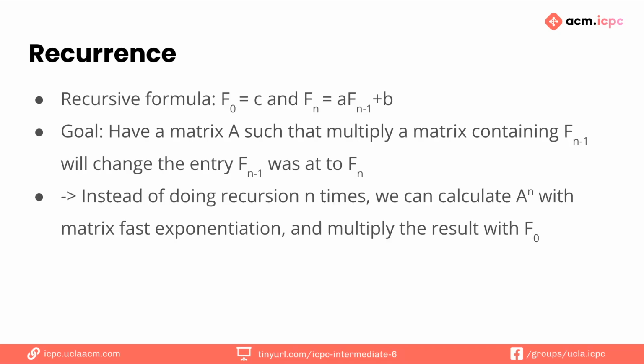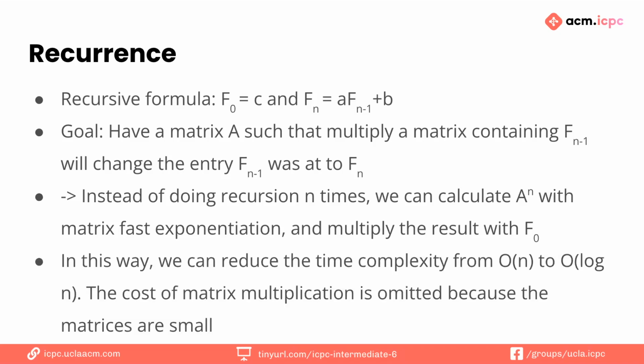We want to do this because instead of doing recurrence for n times, we can calculate A to the nth power by matrix fast exponentiation, and then multiply the matrix power to F0. Then we reduce the time complexity from O(n) to O(log n). And the cost of matrix multiplication here is omitted because usually the matrices are small.